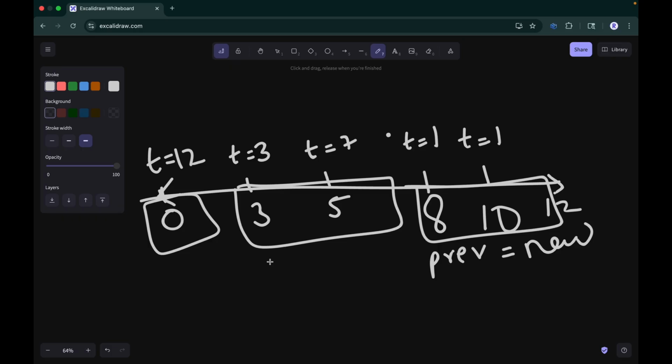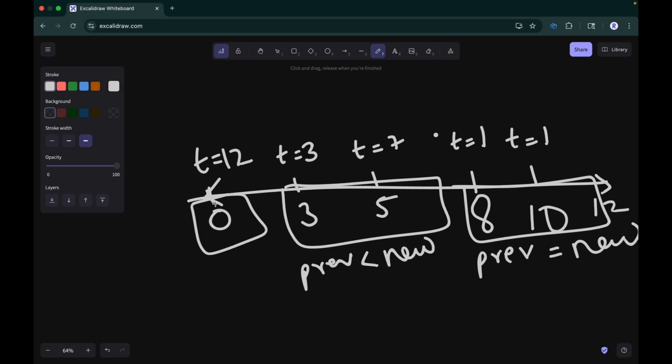If the time of the previous car is less than the time taken for the new car, or let's say the ahead car, then it's one fleet. And if you can notice here, what we have is the car which is at previous, when it's compared with the next car that is ahead of it, it is greater than the next car.